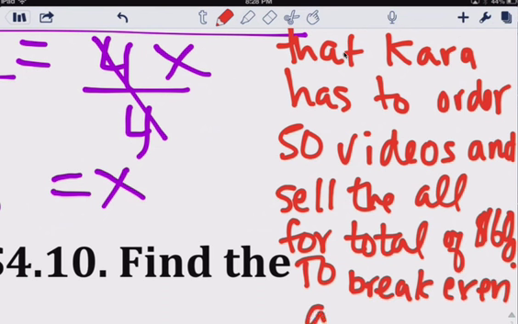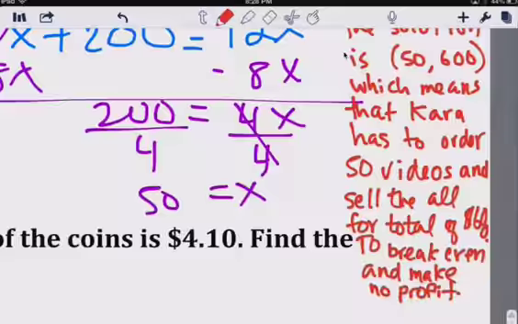No profit. That means no money. She just paid the bills.